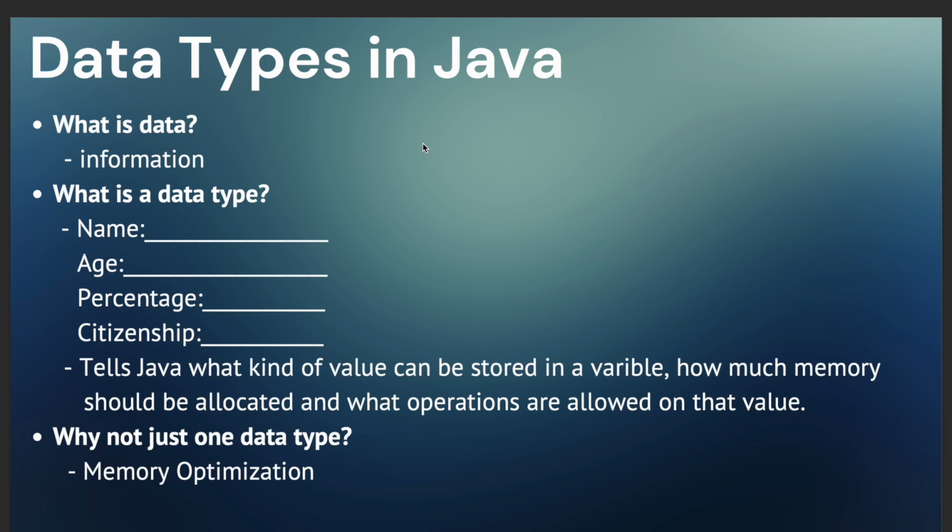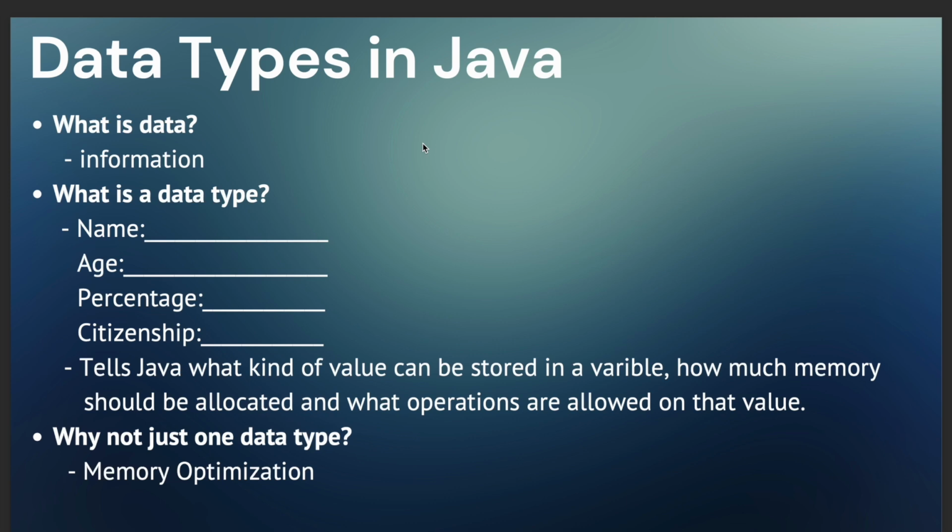This brings us to one of my favorite beginner questions. If computers ultimately understand everything as binary, just zeros and ones, why does Java give us so many different data types? Why not just have one single type called universal data and be done with it? The short answer is memory optimization. Imagine storing a tiny ring inside a huge shipping container. It would work, but most of the space would be wasted.